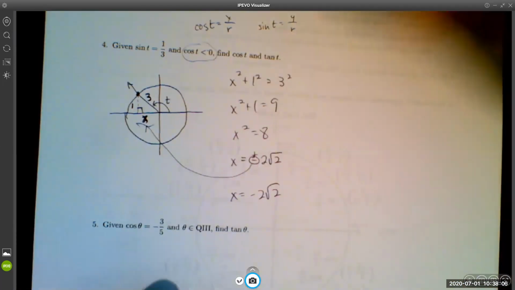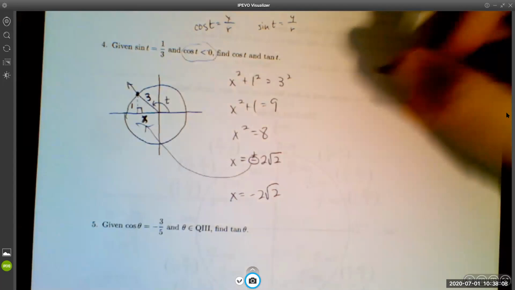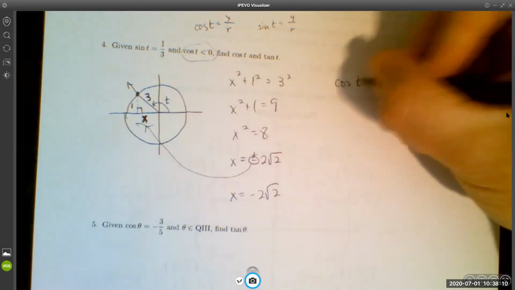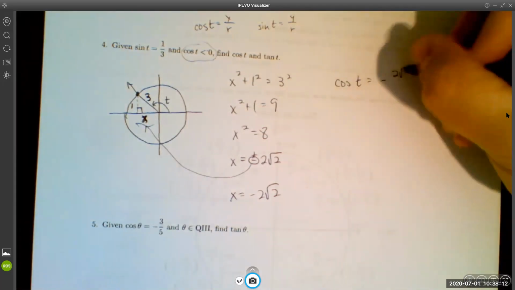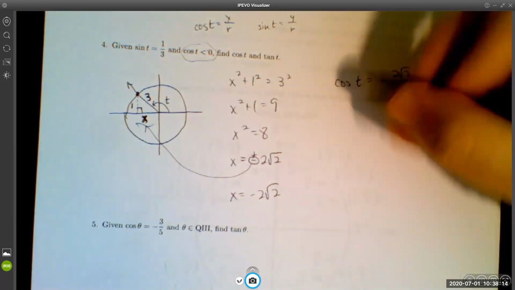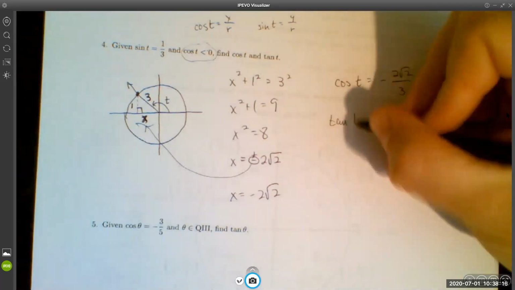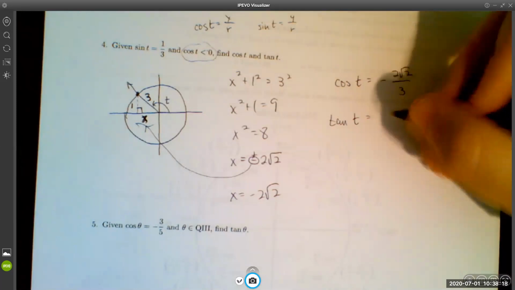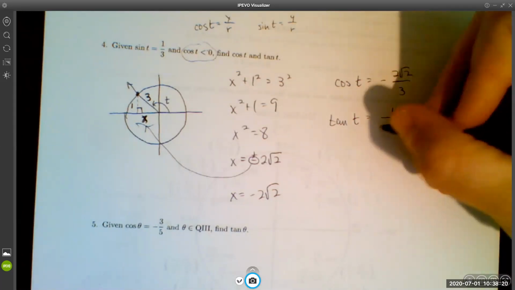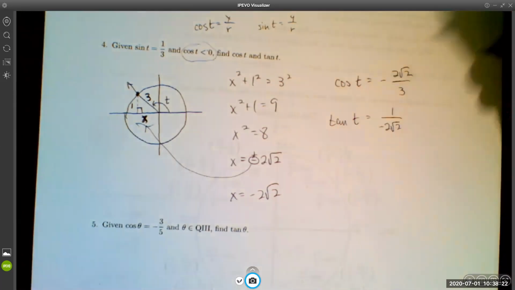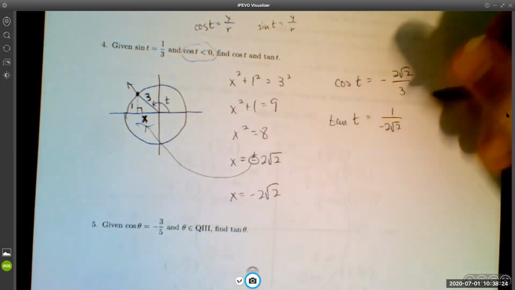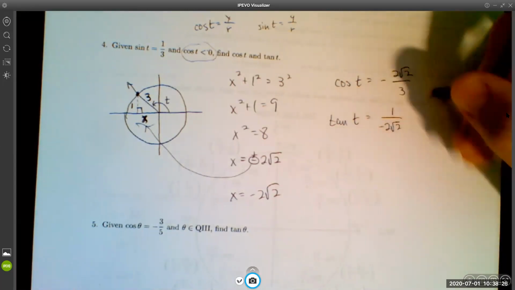So now we can give our answers for cosine t and tangent t. Cosine t is x over r, and tangent t is y over x. You can simplify it. You can rationalize that if you want. So you could multiply by root 2 over root 2.